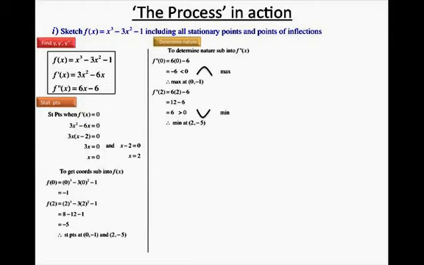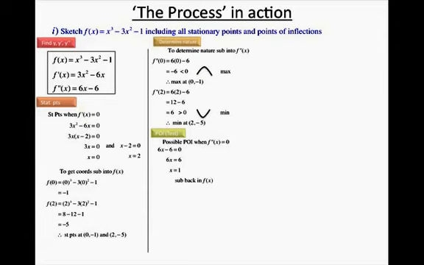Going well. All right, next we find our POIs and then test for it. So our points of inflection occur when the second derivative is equal to 0. So when 6x minus 6 is 0, when 6x is 6, when x equals 1. That's when a possible POI occurs.